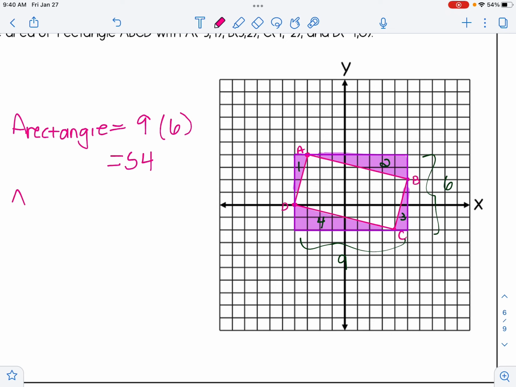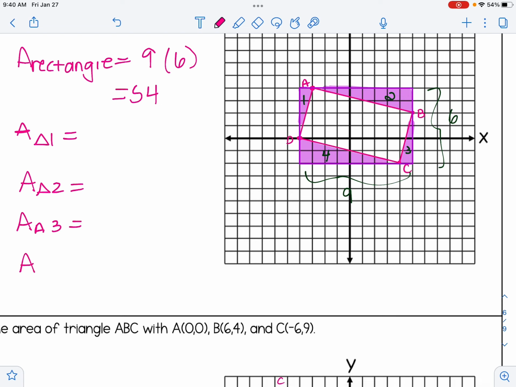Now I'm going to calculate the area of triangle 1, triangle 2, triangle 3, and triangle 4. For triangle 1, the triangle has a base of 1 and a height of 4, and therefore its area is 2.